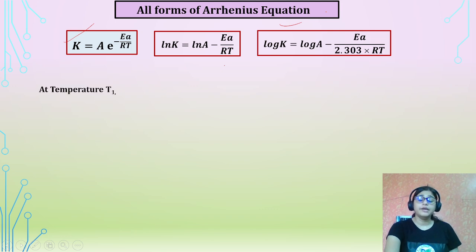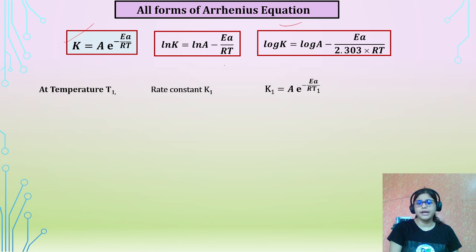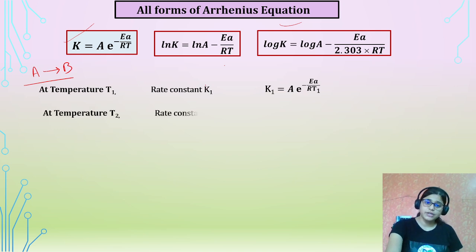Now, if at temperature T1 the rate constant is K1, it will be K1 equals A e to the power minus Ea by RT1, because it is for one reaction. Let's say the reaction A to B is happening at temperature T1, rate constant is K1. At temperature T2, rate constant is K2.